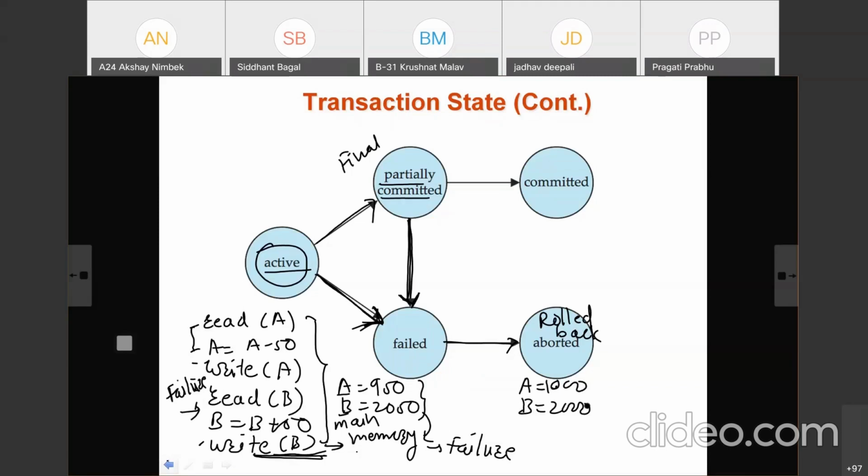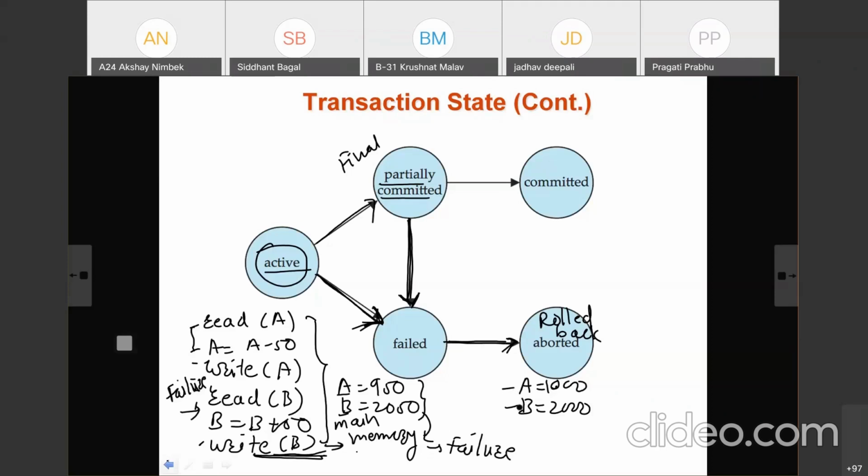So have you understood what is meant by rollback? Once it is aborted, failed, no longer able to proceed with its normal execution, it is rolled back, meaning it is restored to the values prior to the execution of the transaction. So prior to the execution of the transaction, A becomes 1000 and B becomes 2000. Is it clear?